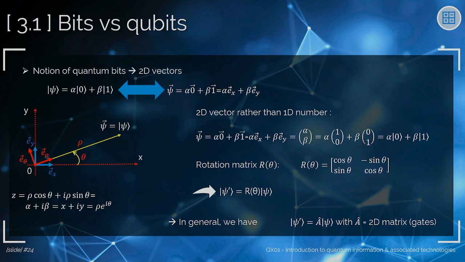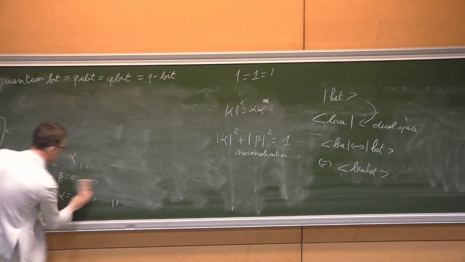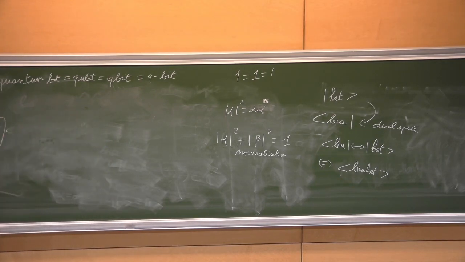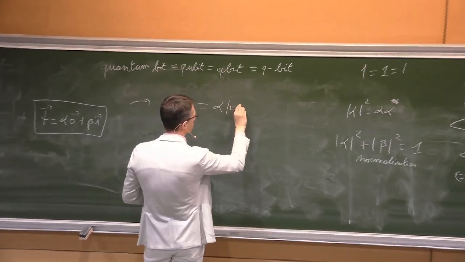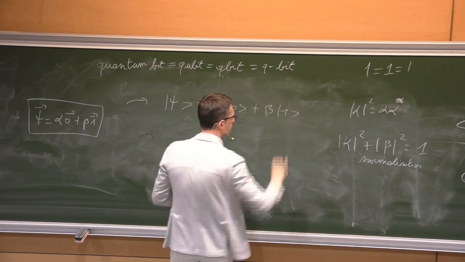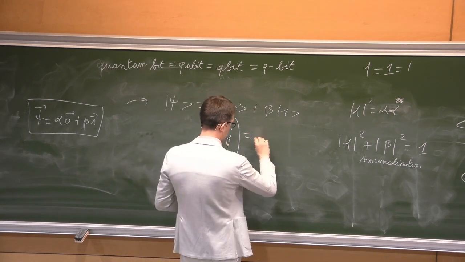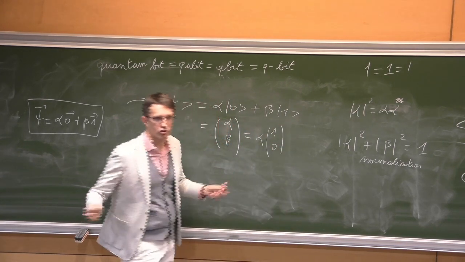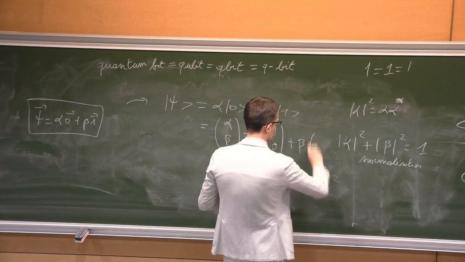So what we can then define is our ket 0 and our ket 1, by saying that now this qubit is alpha 0 plus beta 1, which I can write as alpha beta, which I can write as alpha, so say I made the choice that the 0 is (1, 0), and this one is (0, 1).